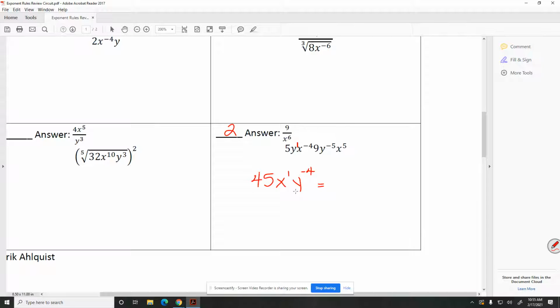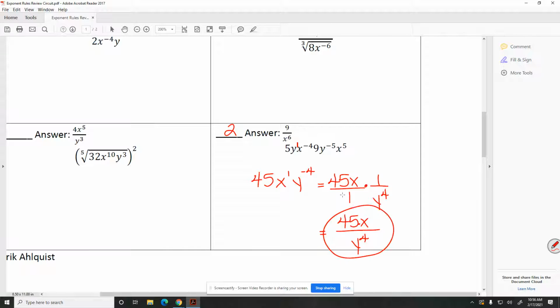And then we're going to take the y to the -4th, and we're going to write that as a fraction. So that would be 1 over y to the 4th. And then we're going to take our solution and do top times top, bottom times bottom. So this is going to give you 45x over y to the 4th.